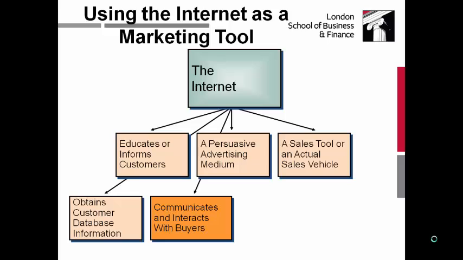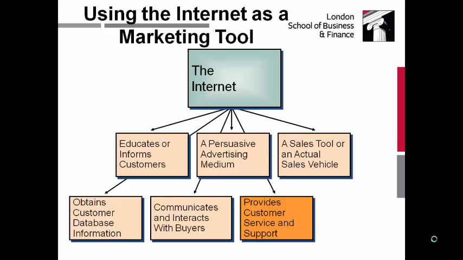Internet is a mode of communication and support to interact with the prospective and existing buyers of a particular product or service. It also provides a very comprehensive customer service approach which results in effective outcomes.